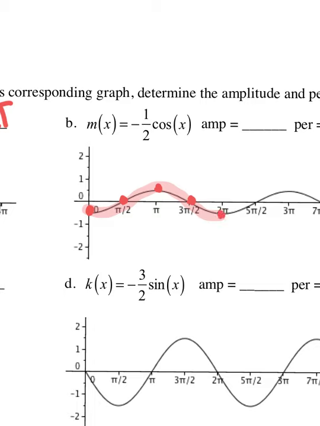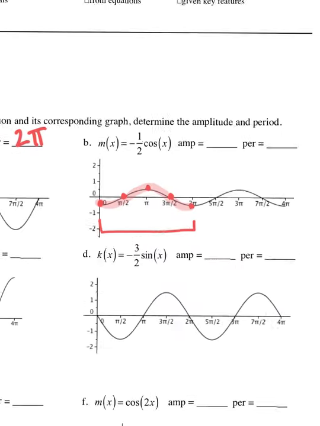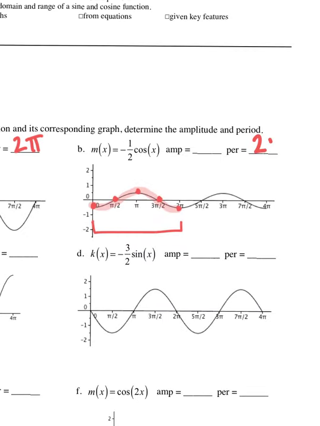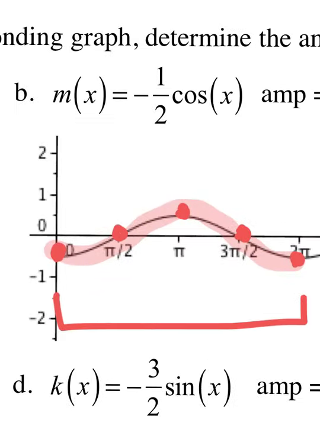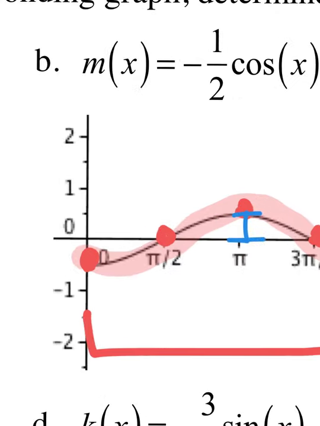That's how I know I have one full cycle. Looking here, one full cycle making that curve was 2 pi. That is my period. And to figure out the amplitude, from mid to max, let's look over, I didn't even get up to that one. I went to 1/2.